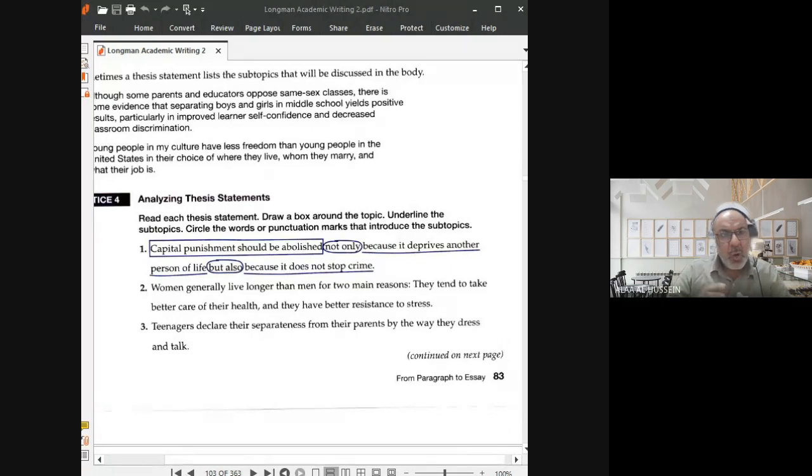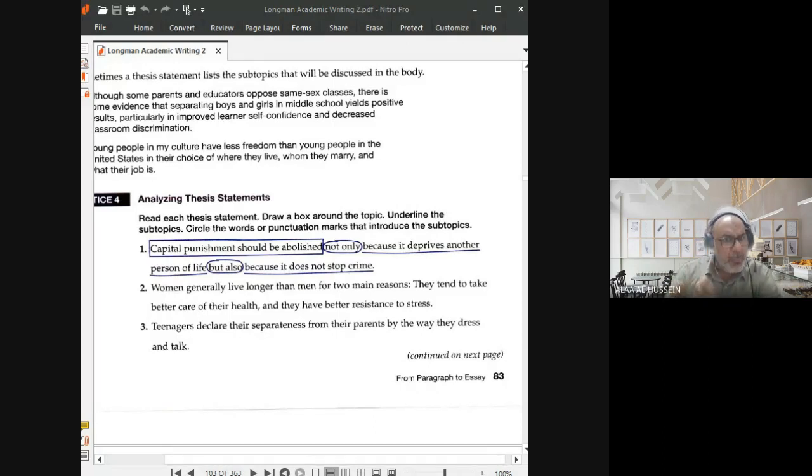We start with the verb. Okay? Should be abolished. Should be abolished is what? Abolished is what? Is the controlling idea. So the main idea about capital punishment is should be abolished.